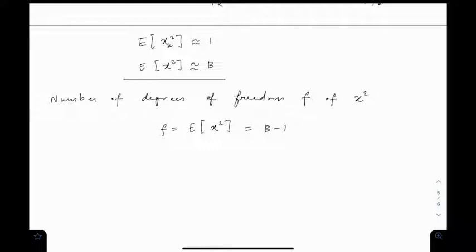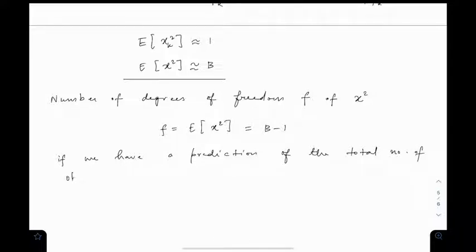So in some cases, we have not only a prediction of the shape of the distribution, but also a prediction of the total number of observations. Then the number of entries in each bin should follow a Poisson distribution with mean n0 pk.